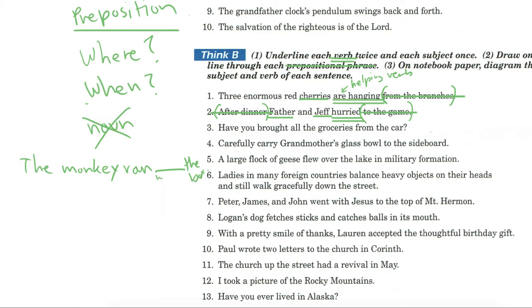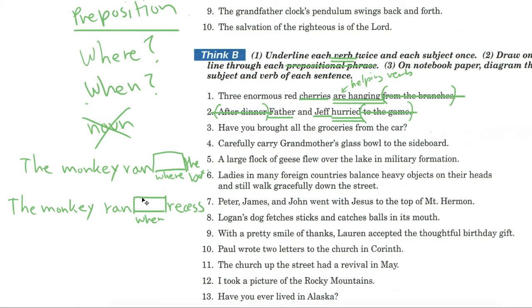If I can plug in the word here, and the answer is where, it's a preposition. And the monkey ran blank recess. So these are prepositions that answer when. If you can fit them into these sentence frames, then we know that it is a preposition.